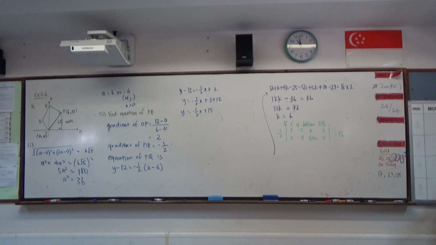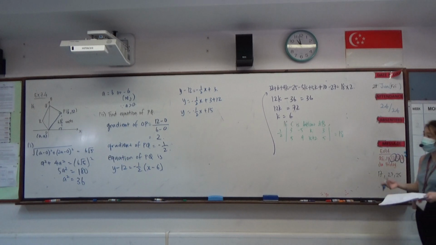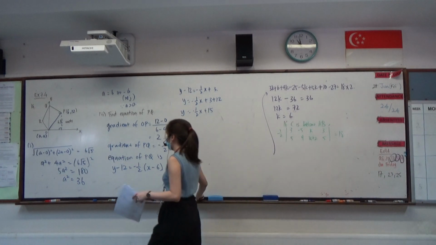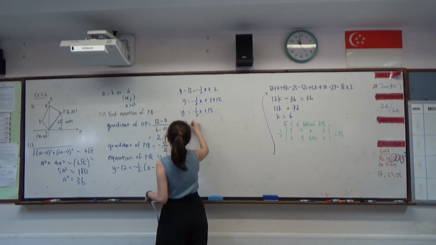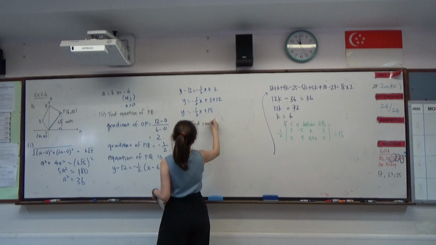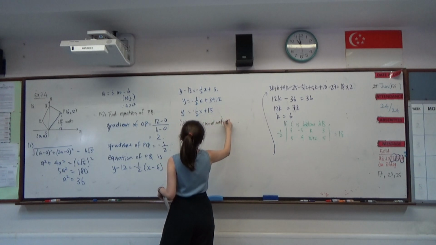Then part 3, to find the coordinates of Q, we will simply take x equals 0, because Q is on the y-axis.